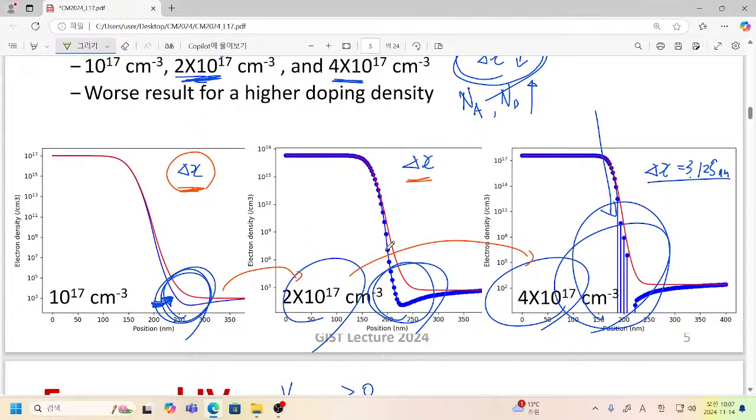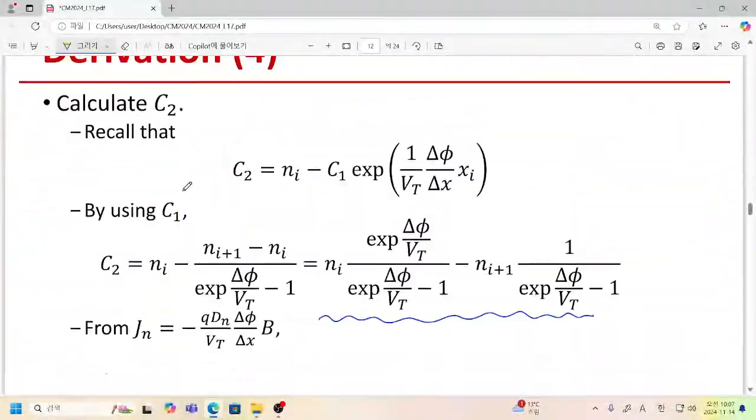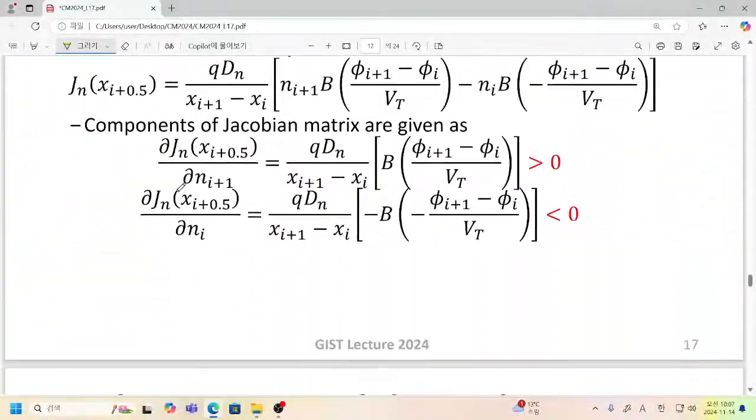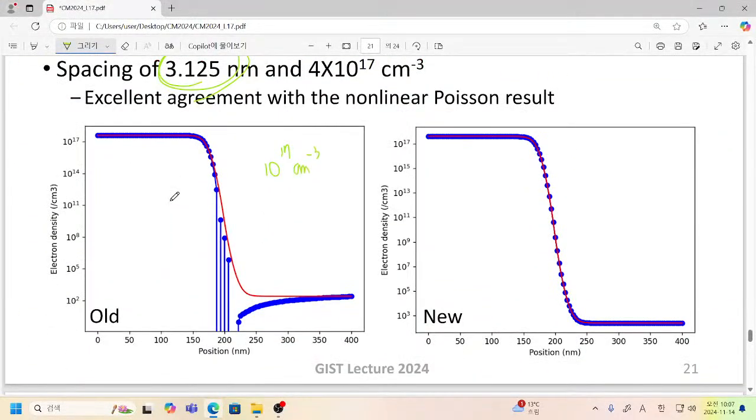Here you can see that at 4 times 10 to the 17 we have a negative value, and at just 10 to the 17 we have positive values. Now we are looking at this 4 times 10 to the 17 value, and when we have a look at our new scheme, this is 4 times 10 to the 17, so this one shows the result of our Scharfetter-Gummel scheme.